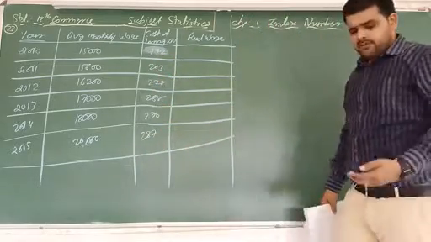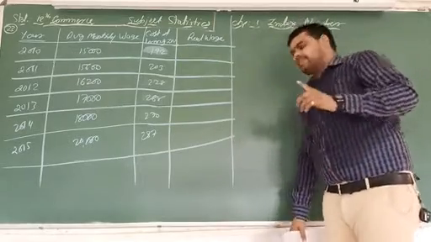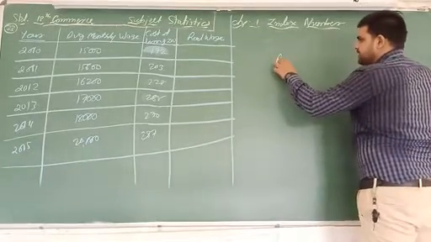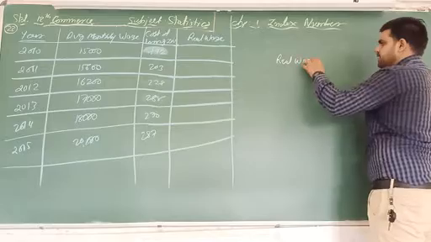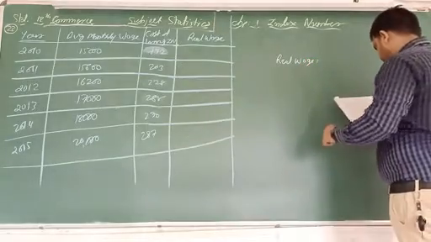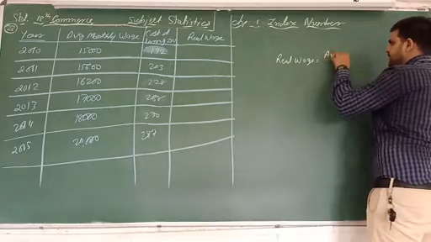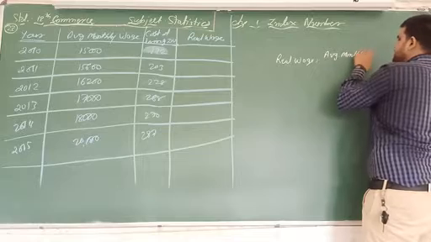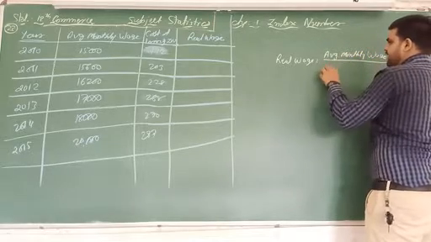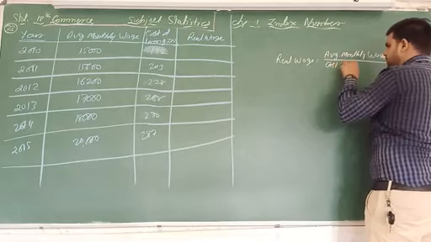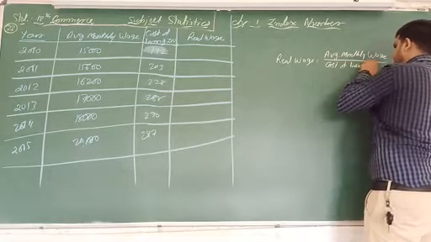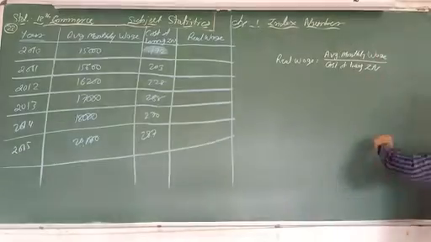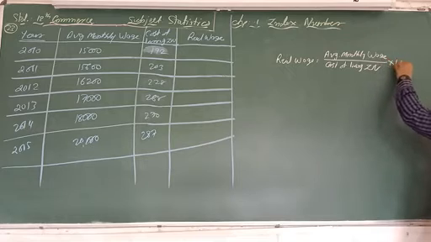Now, what we have to find out? We have to find out the real wage to get the purchasing power. Now, first of all, the formula. What is the formula? Real wage is equal to average monthly wage divided by cost of living index number, multiplied by 100.